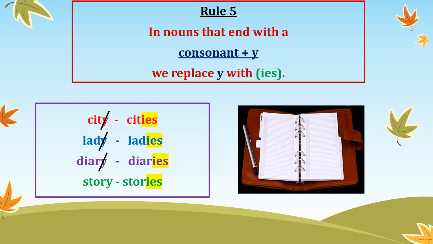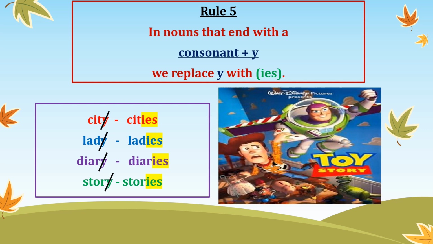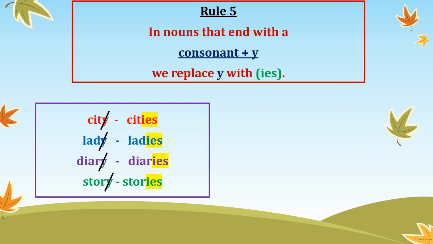This word is again ending with Y. And just before Y, we have a consonant. So we will cut Y and write IES. So rule number 5 says, if your noun ends with a Y, just check, do we have a consonant just before Y? If yes, cut Y and write IES, and your singular noun will become plural.